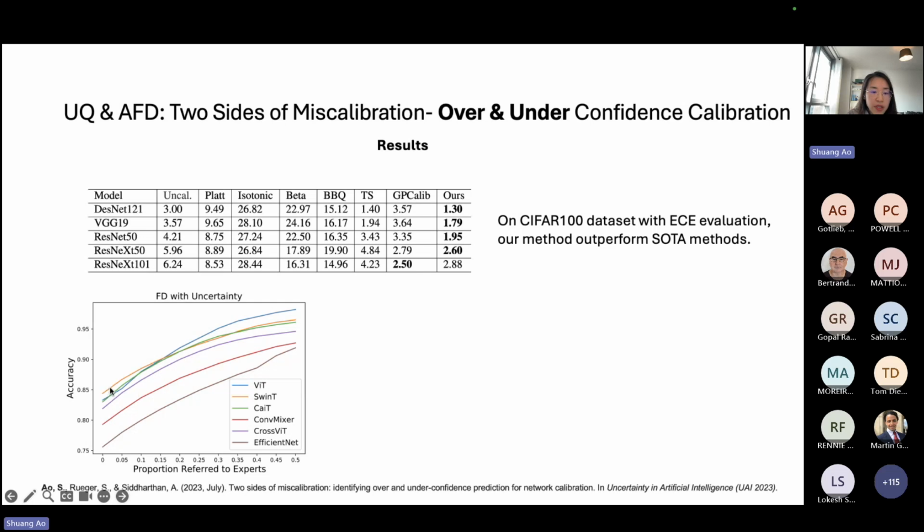And gradually, after you remove more data, ViT starts to have higher performance. So in this way, ViT is actually more reliable than the Swin Transformer, even though at the beginning it has the better accuracy.